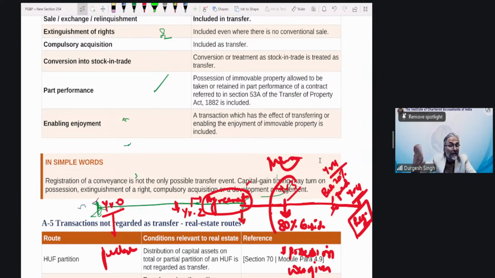If it is not capital, it is revenue, but you should not cross the boundary. Your answer should be specific. Students, in your examination, one adjustment will come in section 34, and when you write for section 34, general deduction, you will write it should not be capital in nature. So ultimately we are not concerned with whether it's revenue or not, but it should not be capital. That's it. Perfect. Okay, sir. Got it.